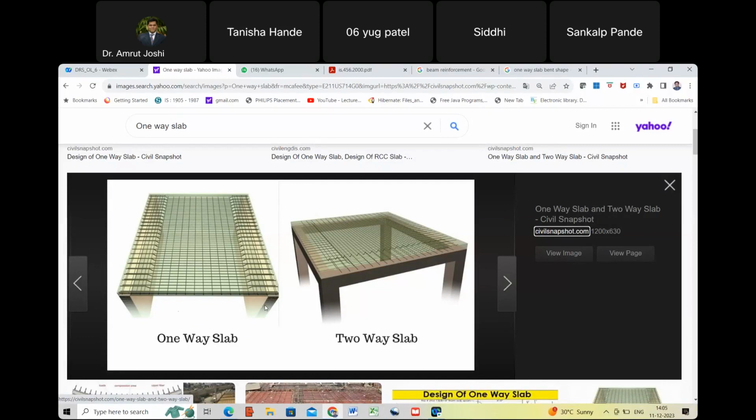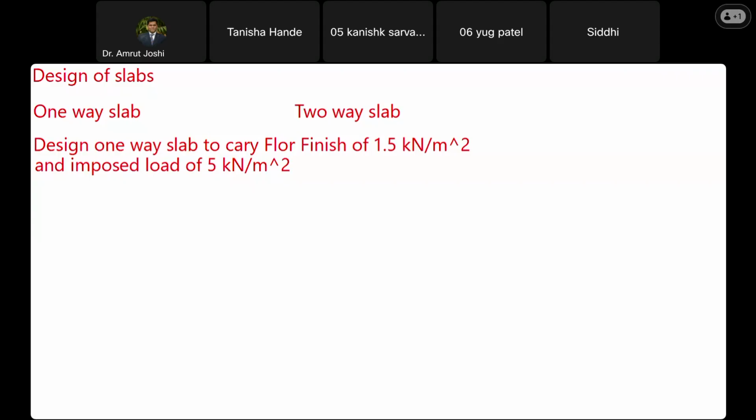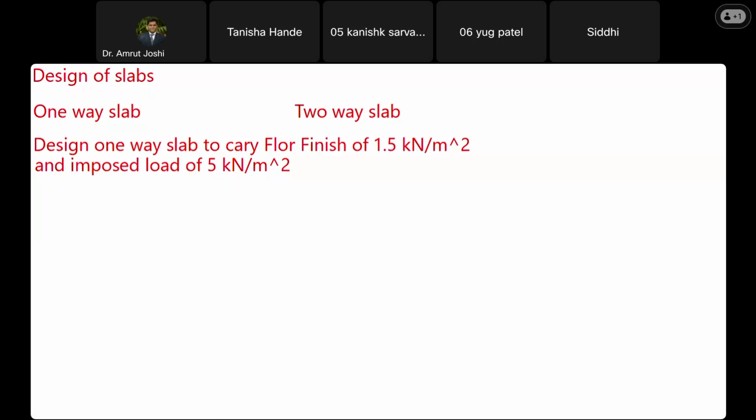If you are going to have beams only on one opposite side, the slab is going to bend only in one direction and it is going to be one-way slab. So let me write down what are the conditions that are required to be satisfied in order to make the slab two-way. So let me share the whiteboard with you. I hope the whiteboard is visible to you.